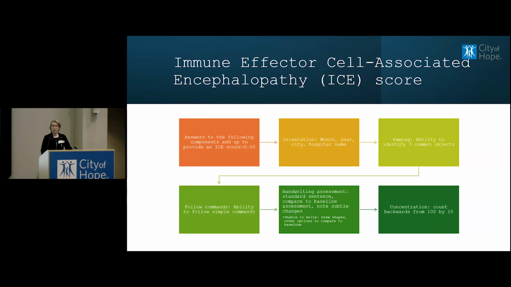The patient couldn't do the math, so he couldn't subtract by tens to do the counting backwards. Because that was his baseline assessment, I worked with the nurse to say, let's leave that as the baseline, because if he can't count back from 10 starting, it won't be an indicator of neurotoxicity. We'll have to use the other pieces of the ICANS score in order to assess that patient.